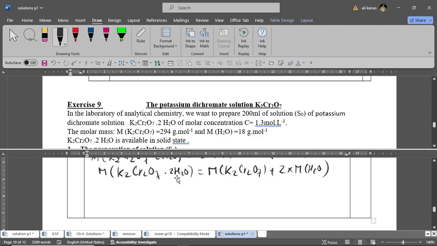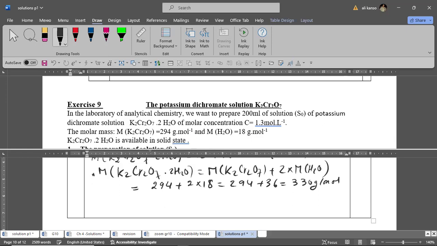But water is multiplied by 2, so it is equal to 294 plus 2 times 18. 294 plus 36, we get 330 gram per mole. This is the first step.